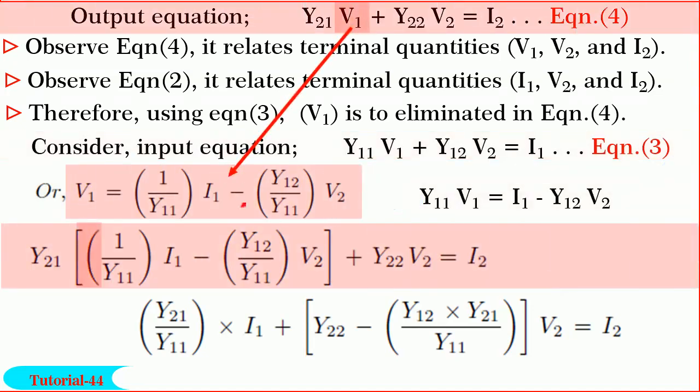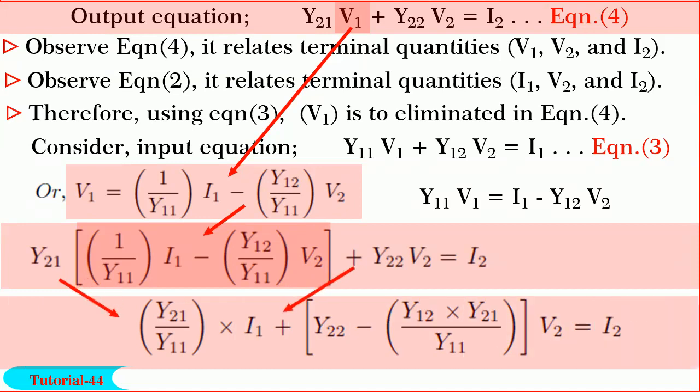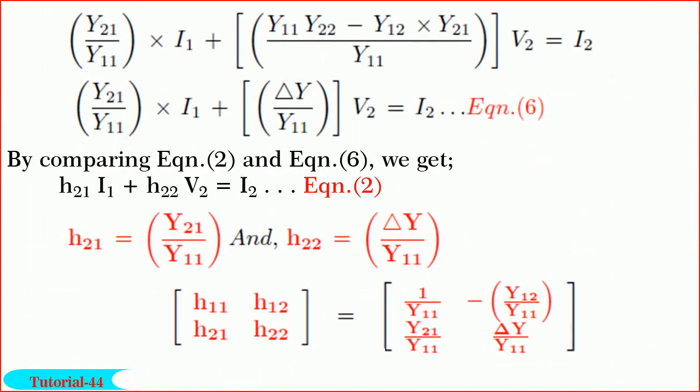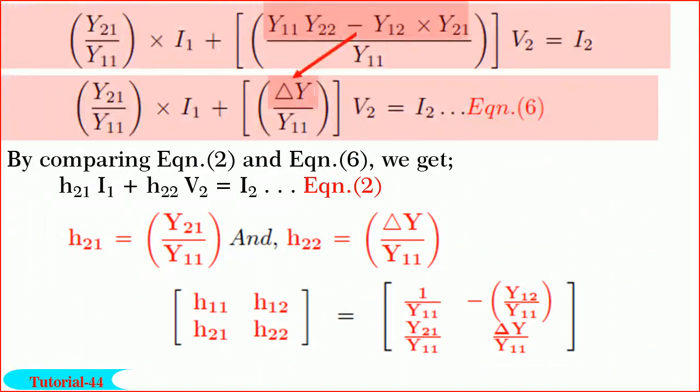Substituting this value of V1 in equation 4 and rearranging it using simple algebra, we get Y21 upon Y11 into I1 plus delta Y upon Y11 into V2 is equal to I2. Let it be equation 6.